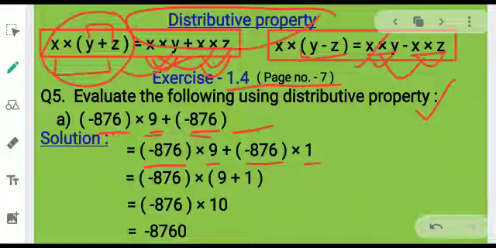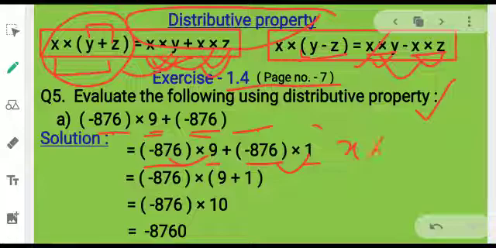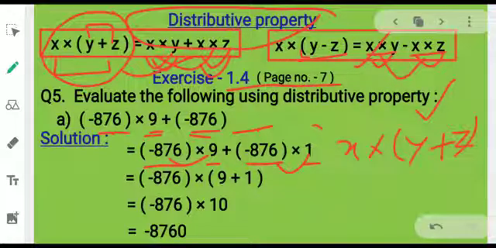Now if x multiplied by y and x multiplied by z is written, we can write x multiplied by y plus z. So let's solve it. Minus 876 is present in both terms, so we can take it as a common. In first term 9 is left, so we write 9, and in second term 1 is left, so we write 1 here.